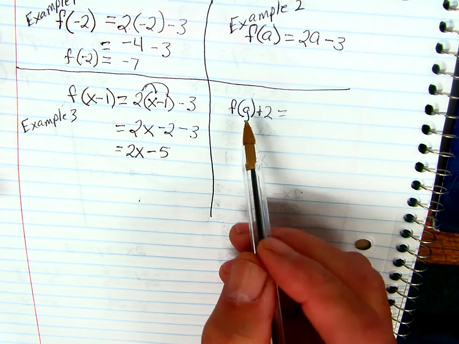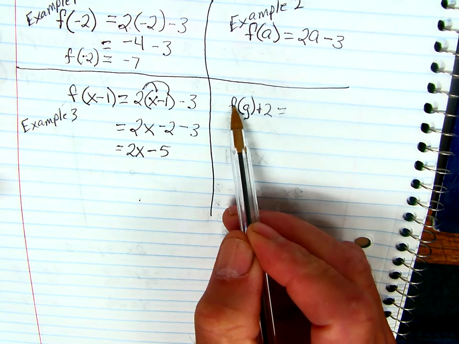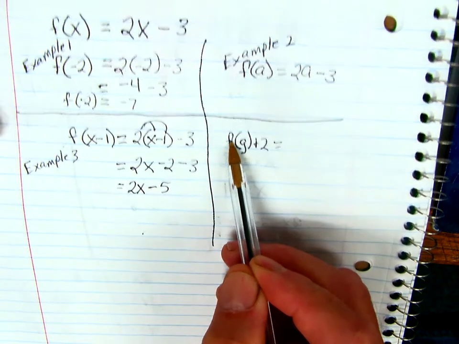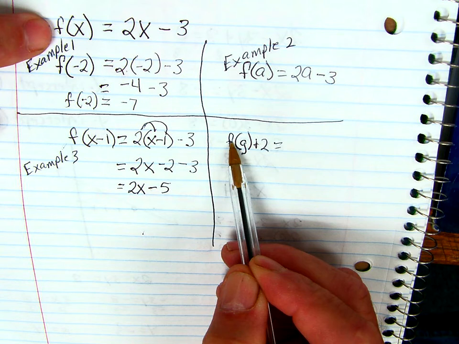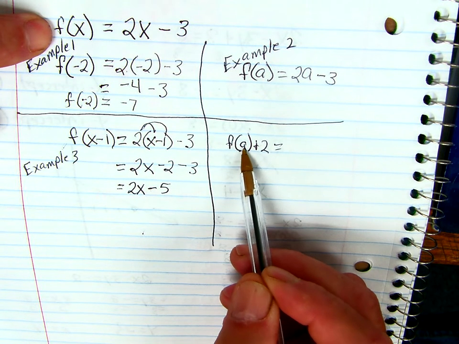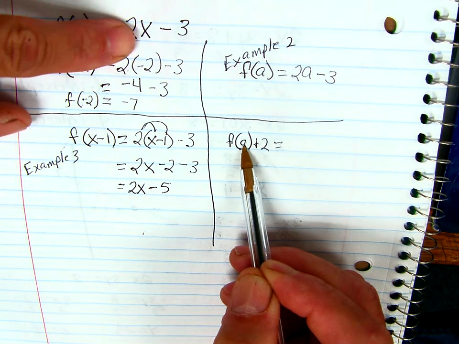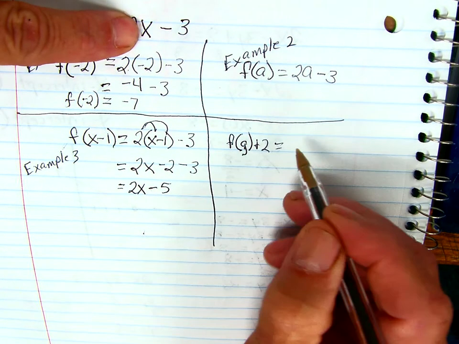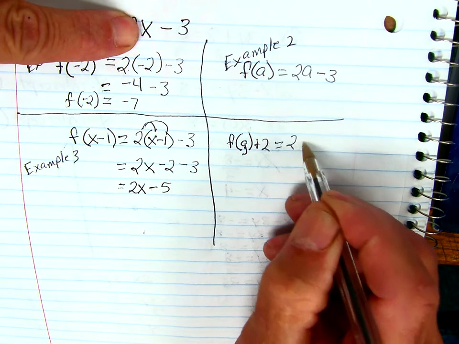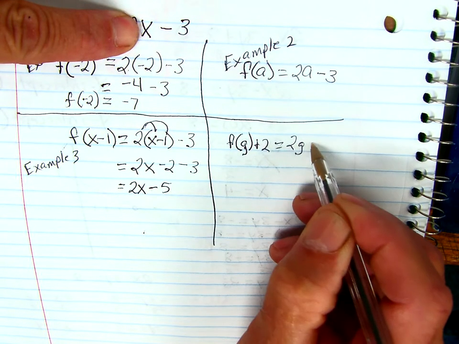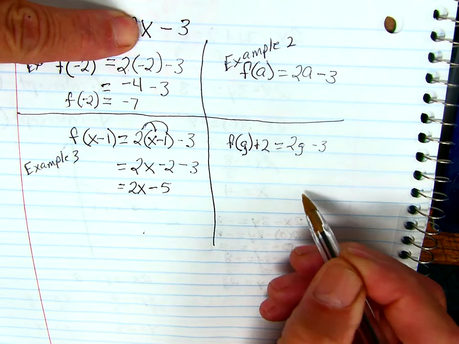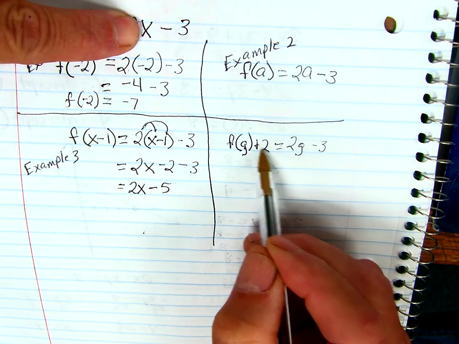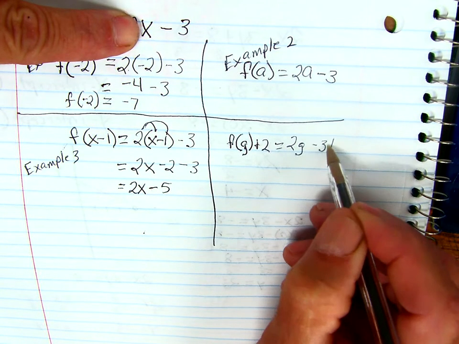Here's what this is saying. You take that function with this name, so this one right here. You use the g for input, so you'll take that x out and you'll replace it with the g. So 2g minus 3. And then to the whole thing, add 2 plus 2.